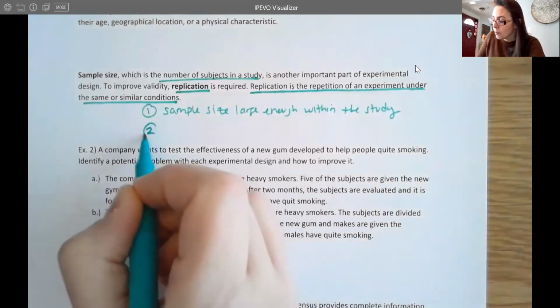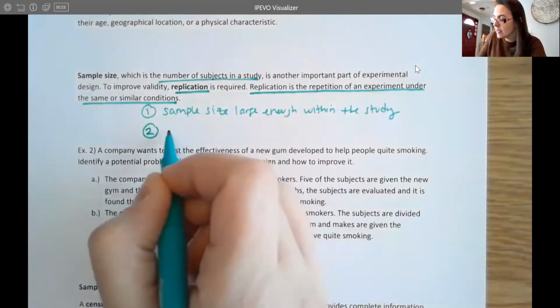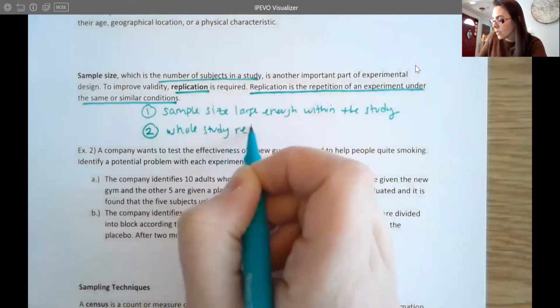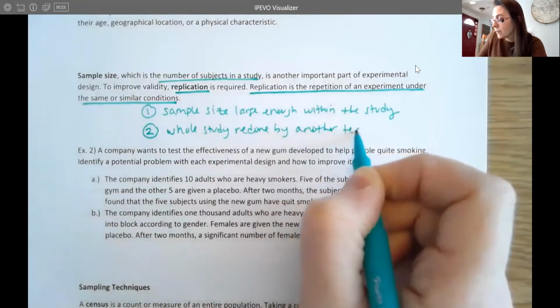The second way that you can replicate, and it's not talked about as much in your text, is that the whole study is redone by another team.